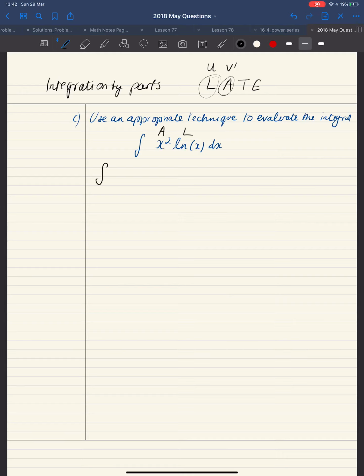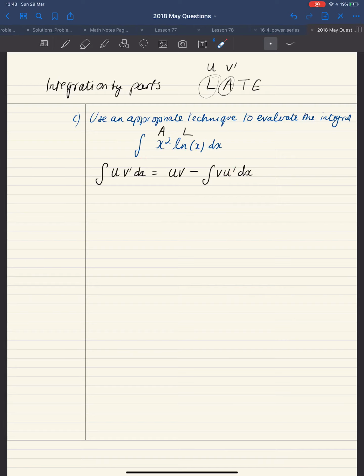Integration by parts is the integral of u v dashed dx is uv minus the integral of v u dashed dx. But it's not necessarily, as in this example, that the first one is the u, because we've got an L. Ln has to be the u. More technically, the u has to be the function that when you differentiate it becomes less complicated.